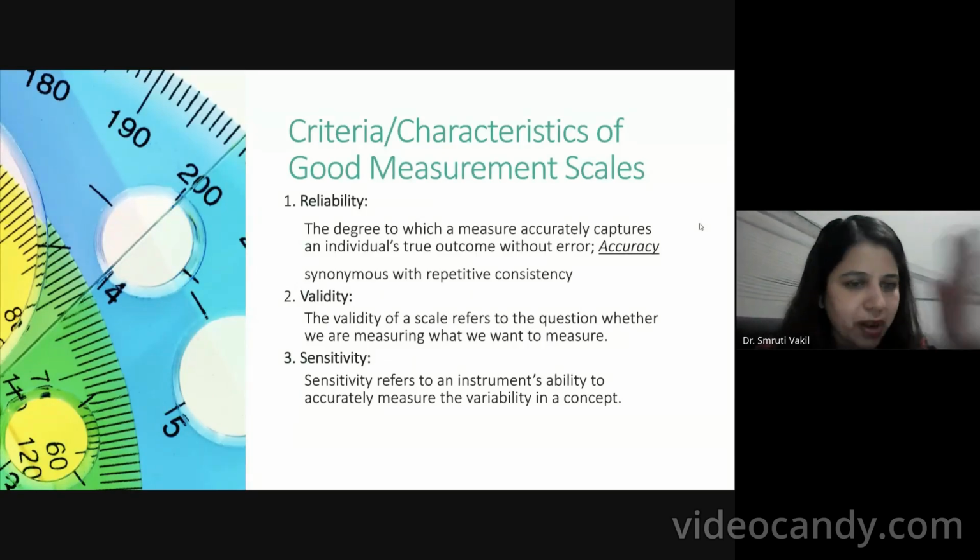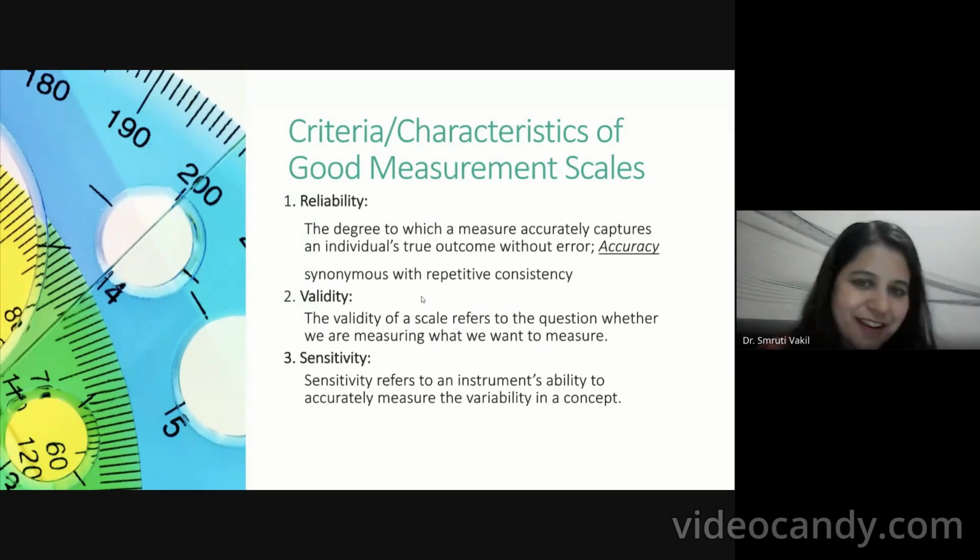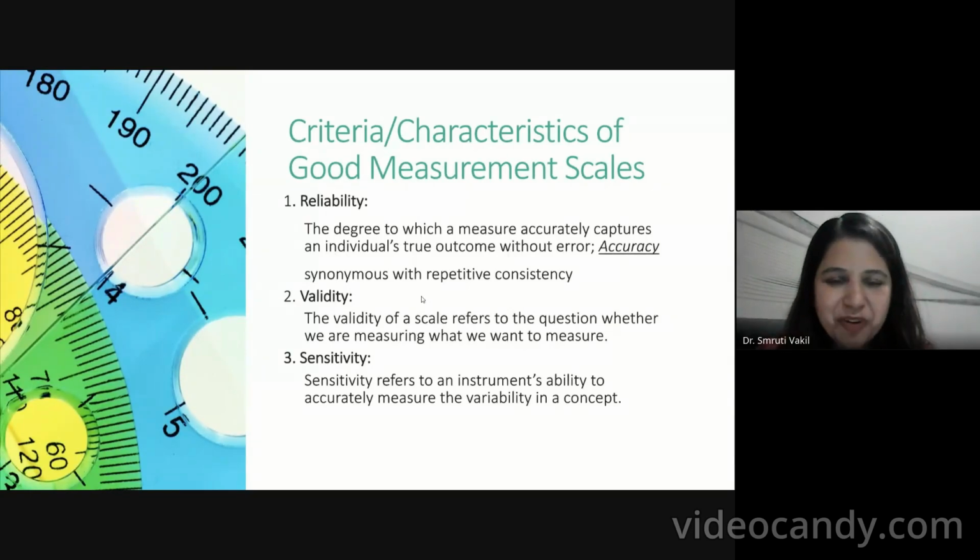If it is above 0.9 or so, that means it is very, very good. Anything below 0.5 would be considered as not accurate and not reliable scale. Am I very clear? You all are with me or lost somewhere? Okay, there are 2 points that I need to cover before we wind up. So please be with me.